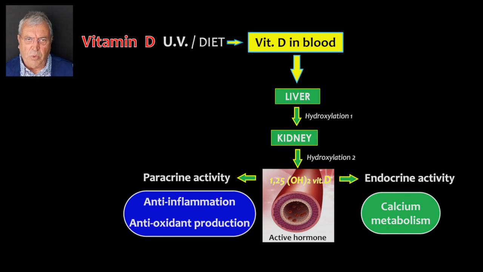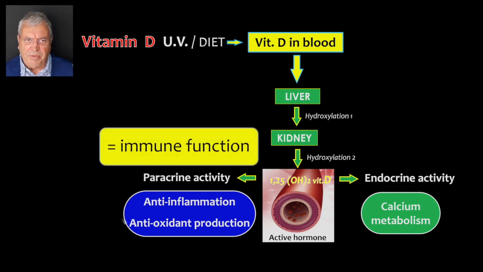But today we are more focused on the paracrine activity, which is the anti-inflammation and antioxidant product. We need the vitamin D to improve the immune system.